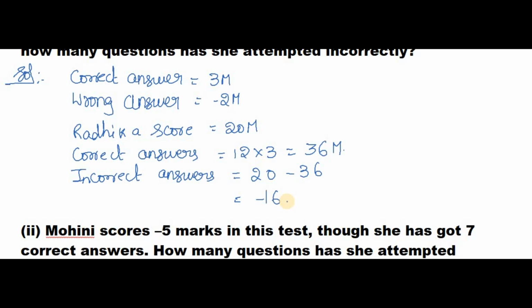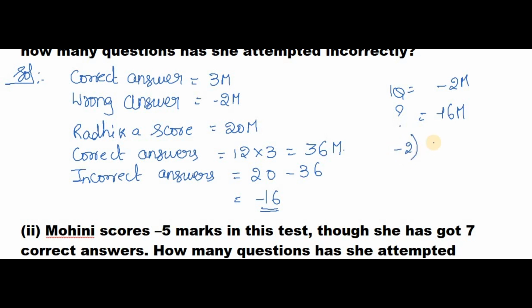And how many marks is she going to lose for a wrong answer? Minus 2 marks. Minus 16 marks she got for incorrect answers, nothing but wrong answers. Means how many questions? For one question I have to lose 2 marks. Then how many questions for which she lost 16 marks here, right?